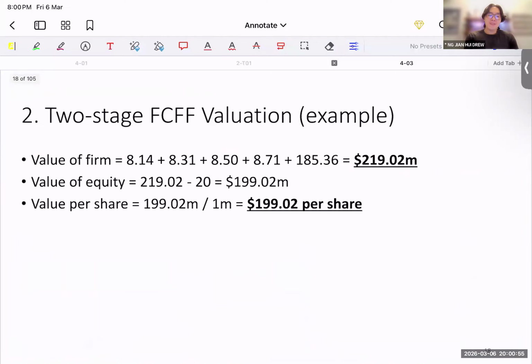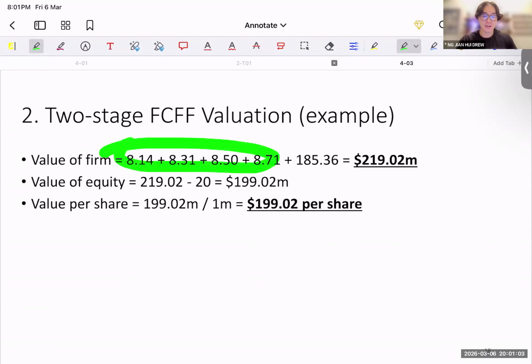Okay, then we determine the value of the firm. So for the value of the firm, we add the present value of the four cash flows and the present value of the terminal value, PV of TV, which is given by this. So this gives you the value of the firm.